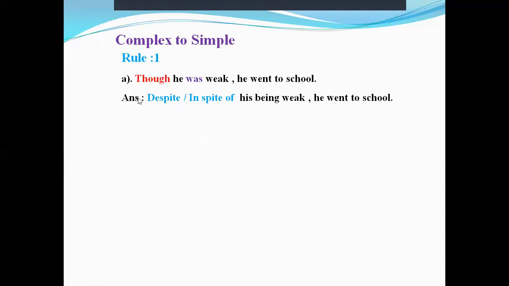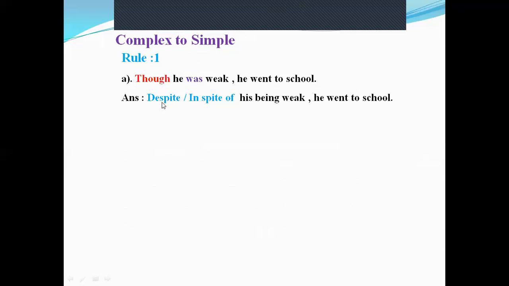Actually, you will write in spite of or despite instead of though, then write the possessive form of the subject. Here he is the subject and his possessive form is his, and write being instead of was, because was is a be verb and we cannot use ing with was, so use be instead of was and ing with it.